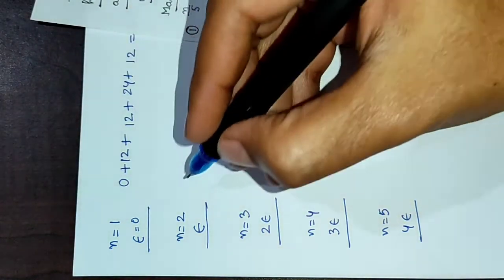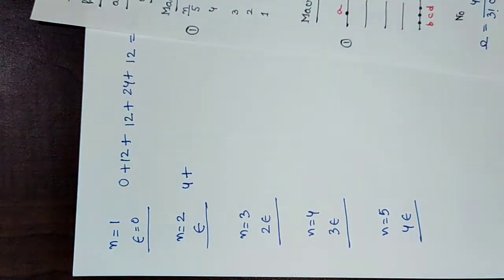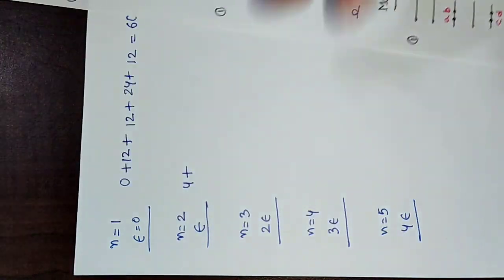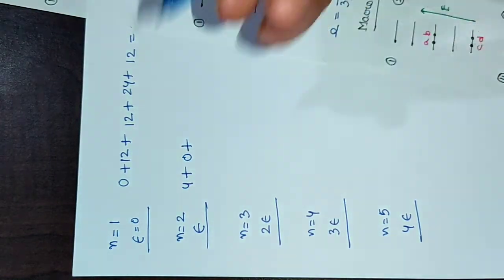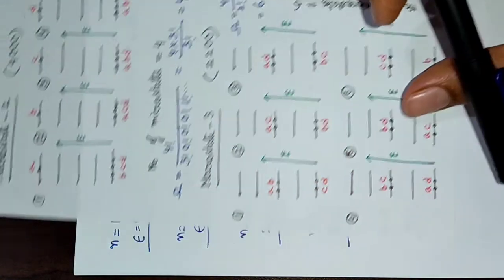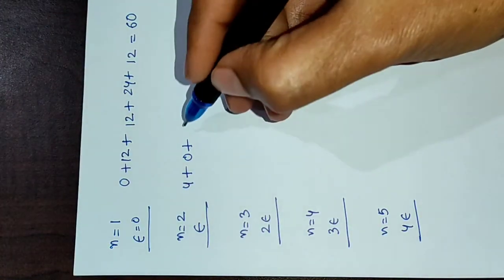So we write here 4. Then here we have none, so it will be 0. Here we have none, so it will be 0 again.